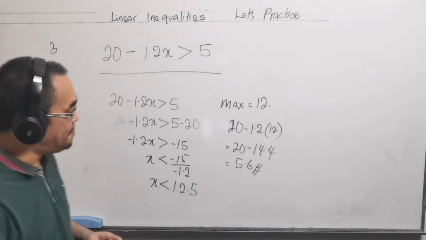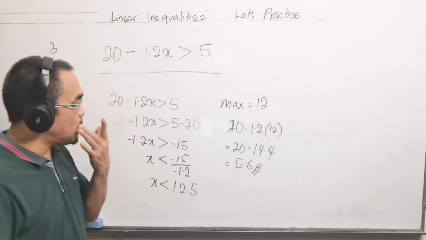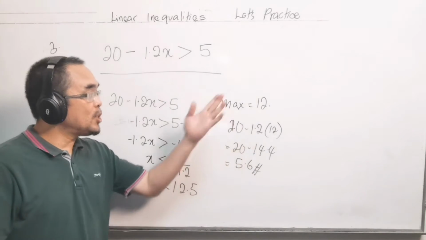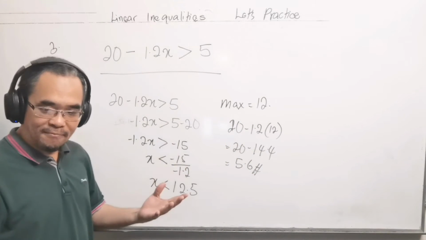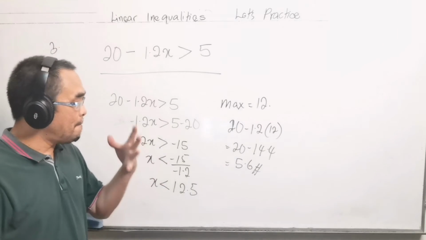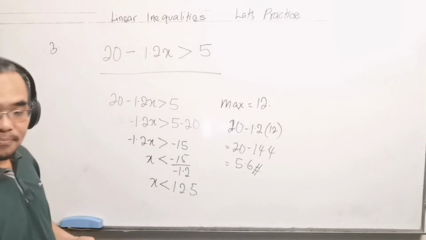What happens if she buys less than 12? Then she will have more than 5 ringgit. If she buys less than 12, she will have more money in her pocket. Okay?